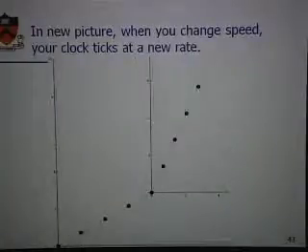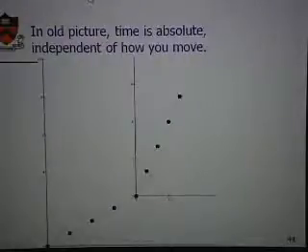Here, this person changed speed. In fact, he was moving from left to right, and then he started moving from right to left, and not quite at the same speed, but it doesn't matter.